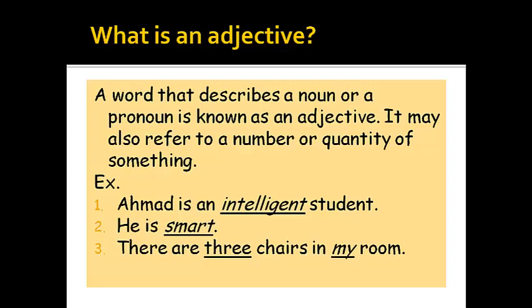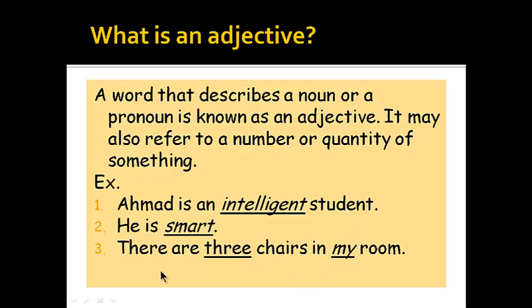Check the following examples. Ahmad is an intelligent student. In the first example, intelligent is an adjective which describes the noun, which is student. In the second example, smart is the word that describes the pronoun.